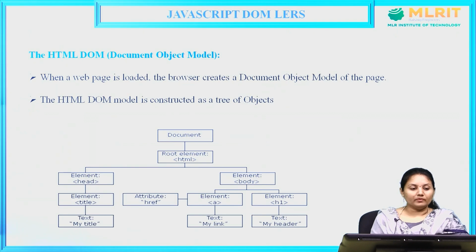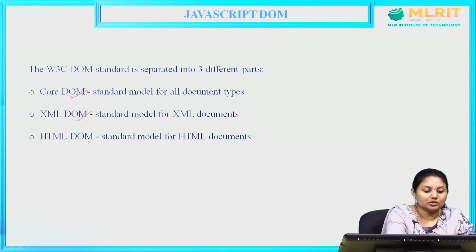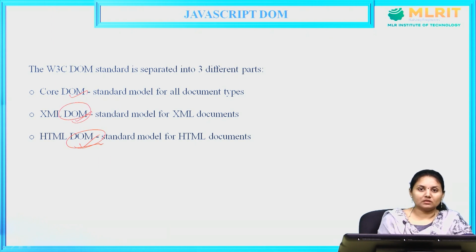W3C DOM has three different parts: core DOM, XML DOM and HTML DOM. HTML DOM we have already discussed in the first unit on HTML. XML DOM we have used in the second unit, the XML part, and the core DOM can be used in all document types.